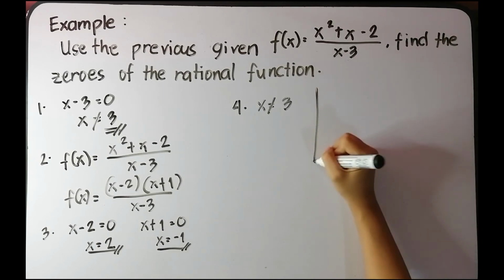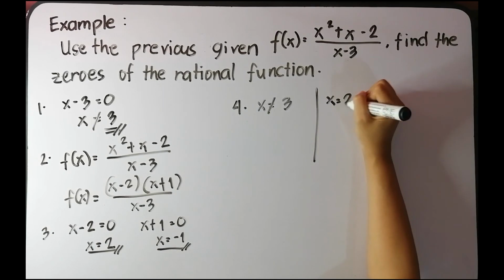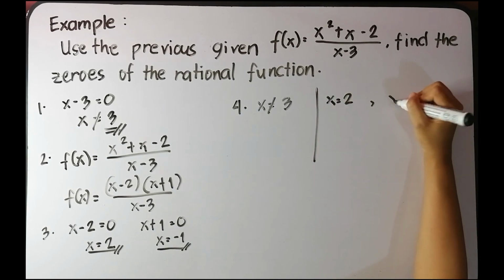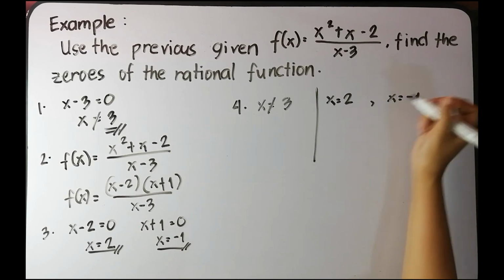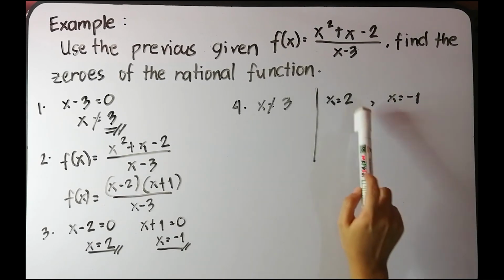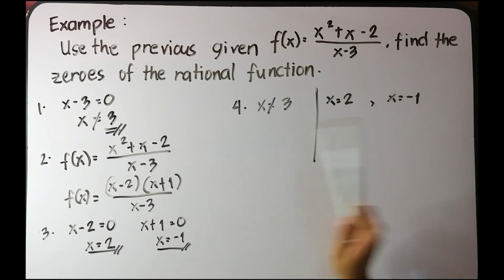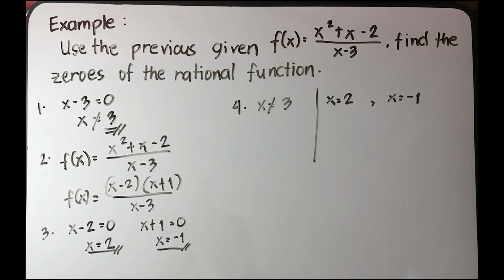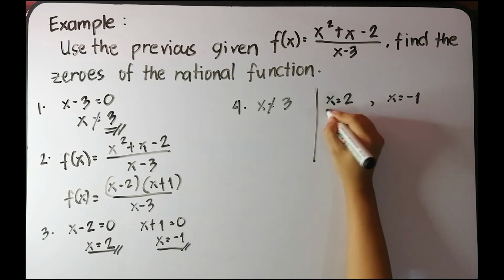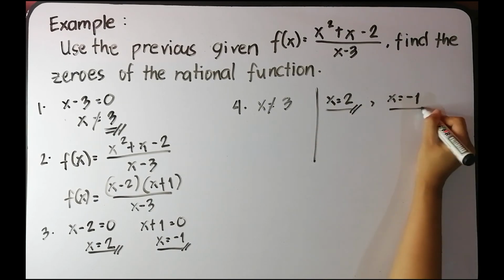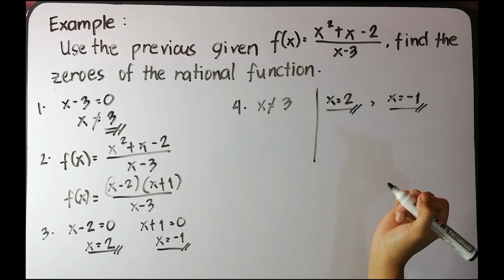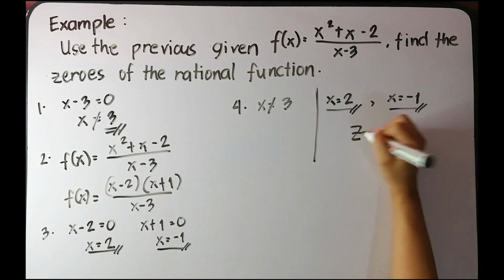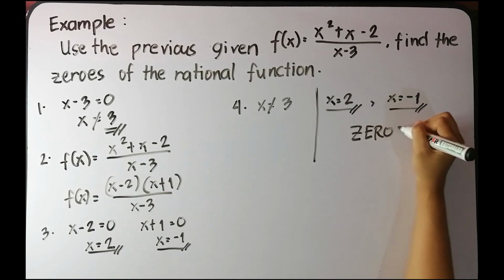And for your zeros, we have x equals 2 and x equals negative 1. Are there any values in our zeros that are also the same as our restrictions? We have none. So that means x equals 2 and x equals negative 1 are our zeros.